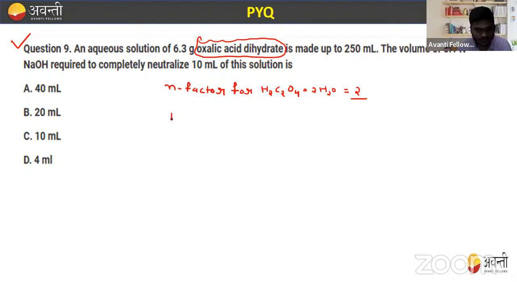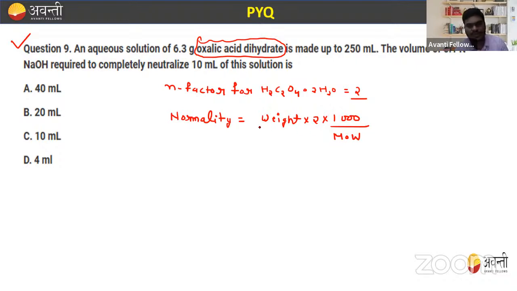Now, normality is equal to weight into 2 into 1000 divided by molecular weight into 250.